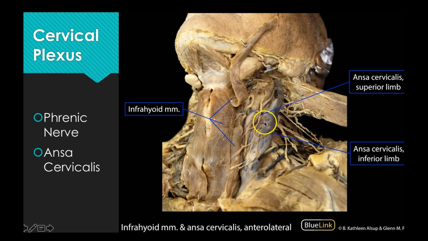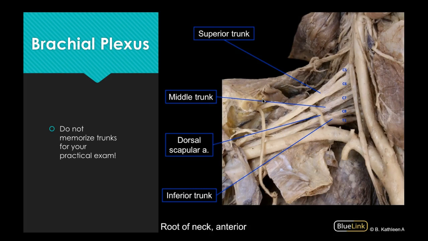Sitting in between these two vessels is your vagus nerve. And together, these three structures are surrounded by a carotid sheath. So the ansa cervicalis will be found external to that carotid sheath and will form the loop outlined by my arrow here.